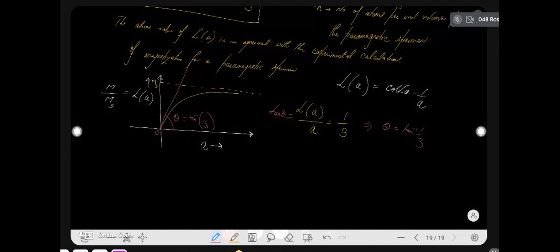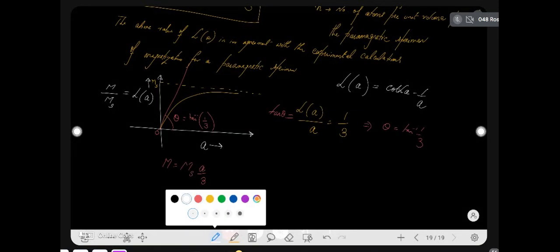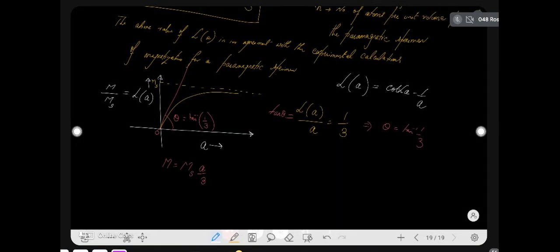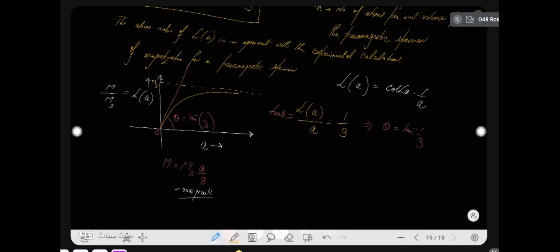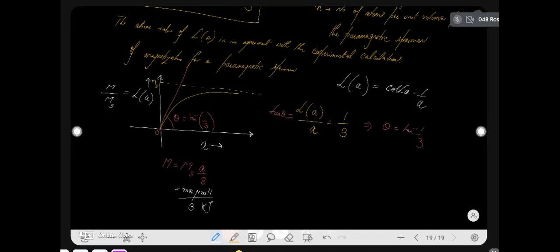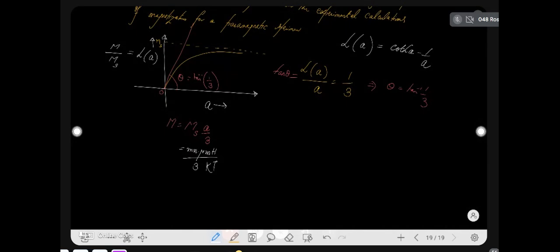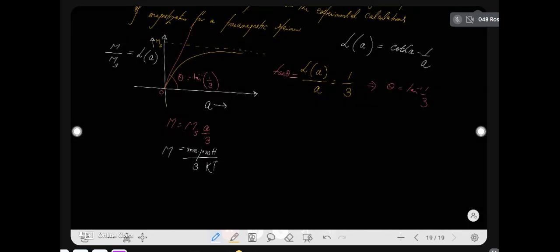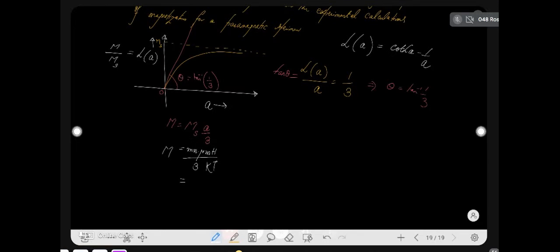M is equal to Ms into A divided by 3. M equal to Ms, A equal to mu mH, 3 was already there, and in A you have the denominator kT. So M, the magnetization of a paramagnetic specimen, is mu n m square into H divided by 3kT.